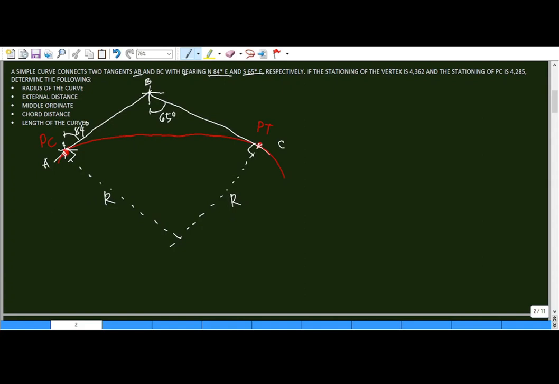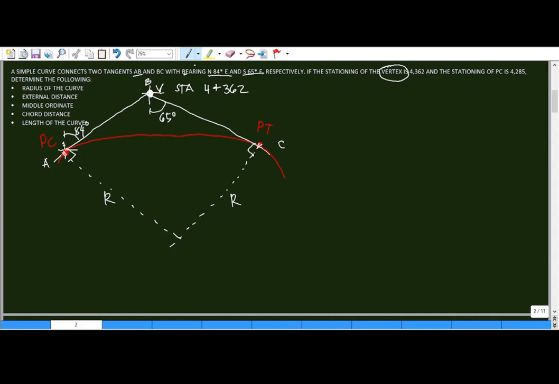Okay? Yung station daw ni PC, yung is the stationing vertex. Yung vertex ko, obviously, ito yung vertex or yung point of intersection. Ang station ni vertex is 4,362.